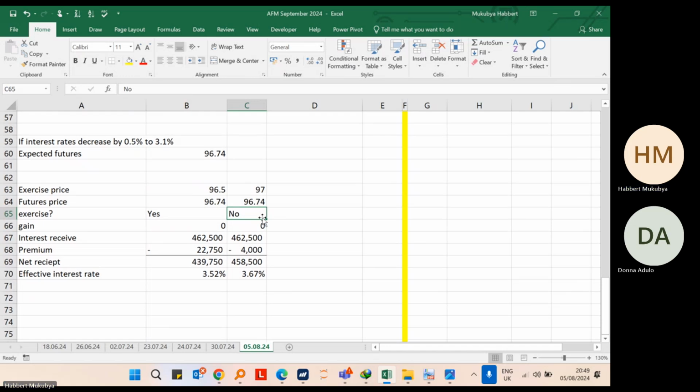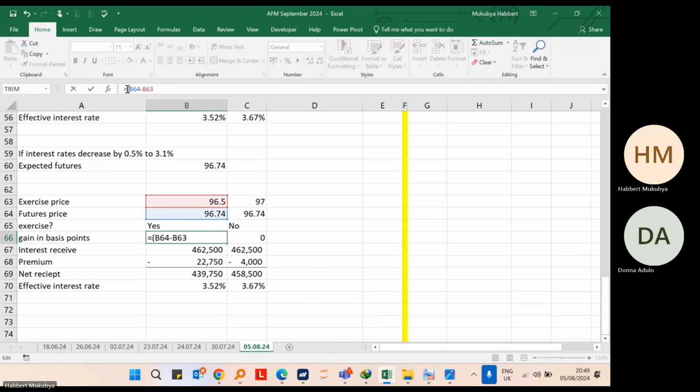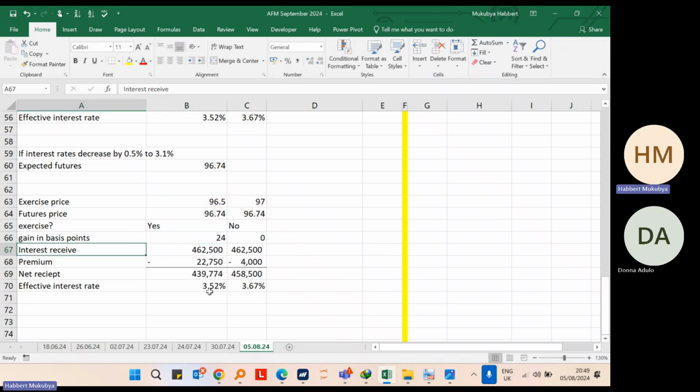So now the gain here is going to be 96.74 minus 96.5, which is 0.24. And then here there's nothing. So what you are going to find in the exam, sometimes they say gain in basis points, and they multiply this thing by 100 to get their 24.